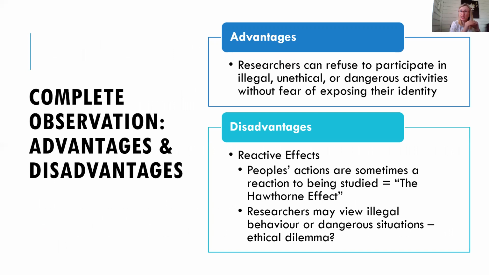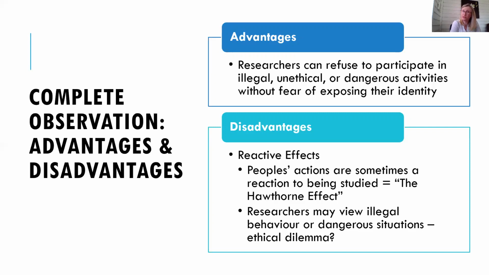If we're doing a complete observation, okay, so no participation at all, the advantages are researchers can refuse to participate in illegal, unethical, or dangerous activities without fear of exposing their identity. Okay, so completely observing a phenomenon, we don't actually have to go out and harvest ivory for the illegal ivory trade if that's what we're researching.